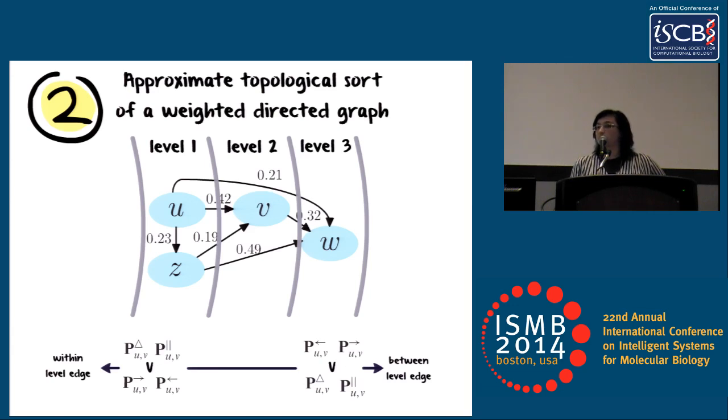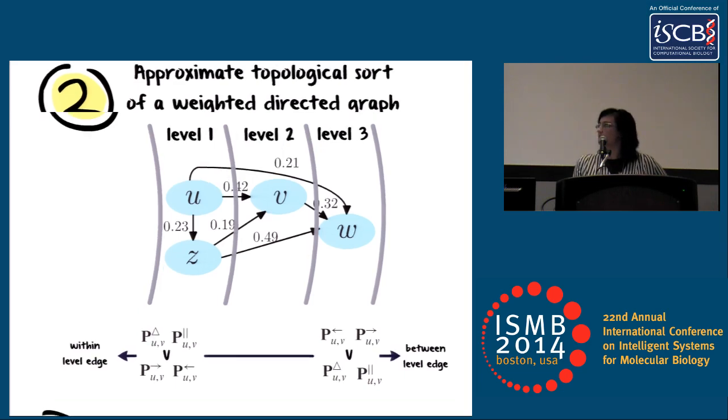Whereas if we have enough evidence that these genes are in a parallelistic or partial interdependence relationship, then they should be assigned approximately the same level. And once we get this assignment of levels of genes, we perform an approximate topological sort of this weighted directed graph, which produces the ordering of genes in the pathway.